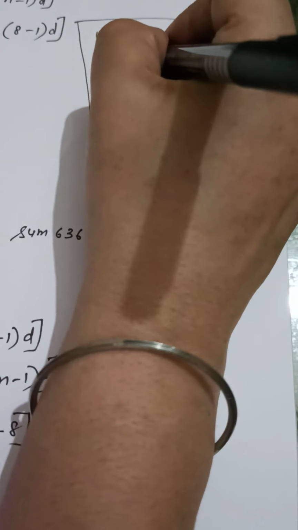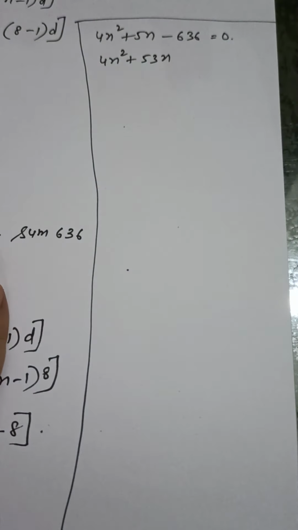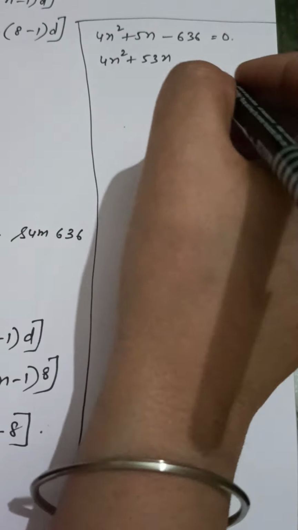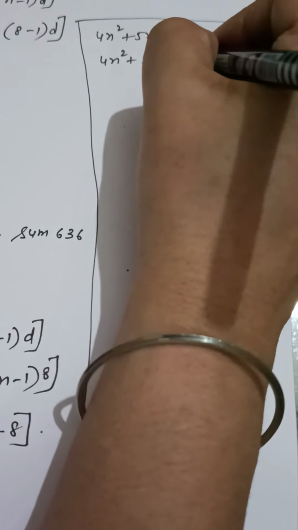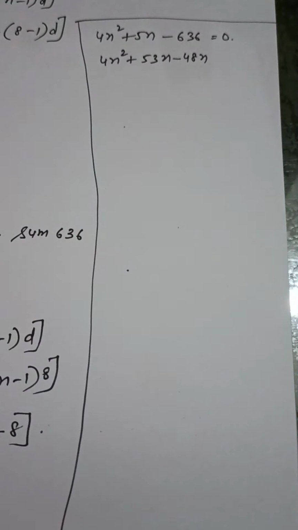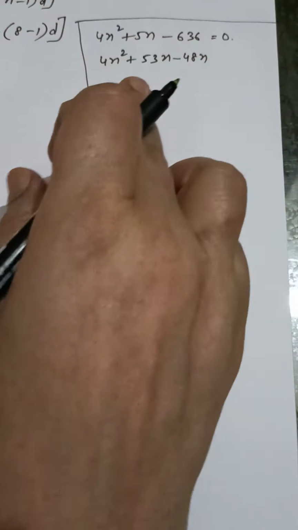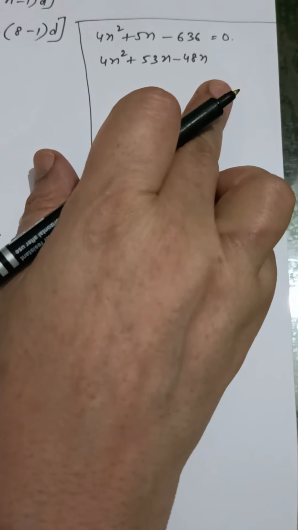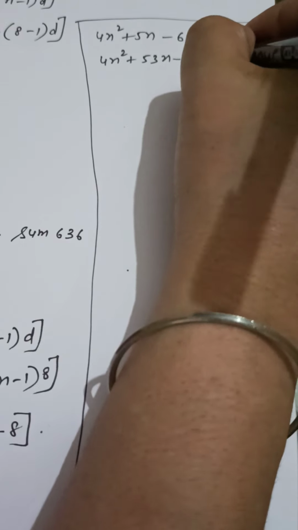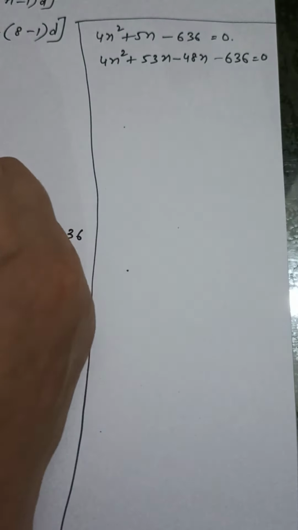We will solve this quadratic by using the quadratic formula, or we can solve by splitting the middle term. I am using splitting the middle term. So that is a pair of 53 and 48: 4n square plus 53n minus 48n minus 636 is equal to 0.